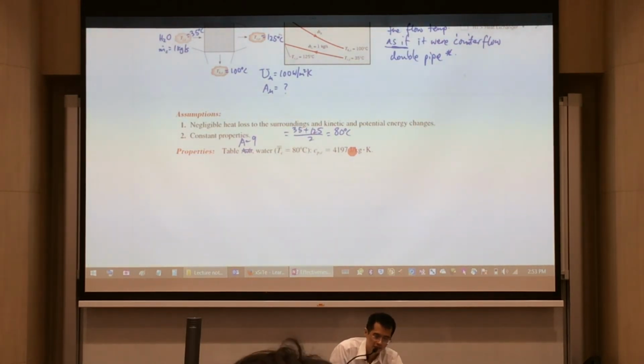If needed, you'll be provided those property tables. So you just need to know how to go about doing interpolation, and you need to do it so well that it takes you a very short amount of time, because you can't spend all the time doing interpolation.